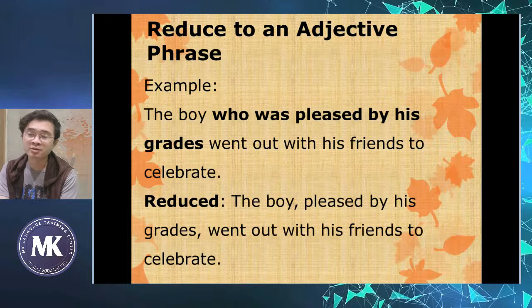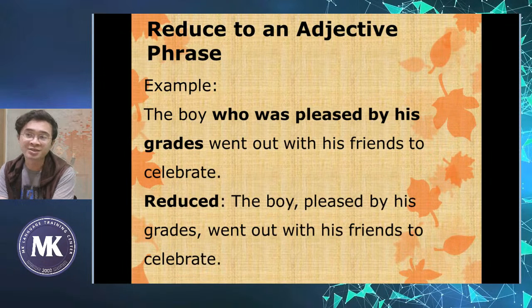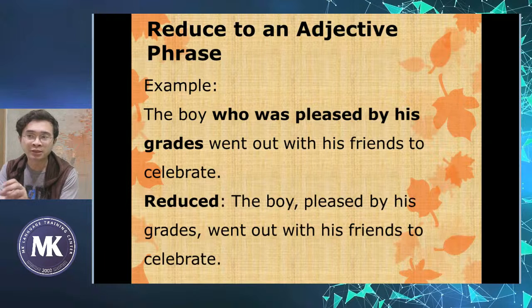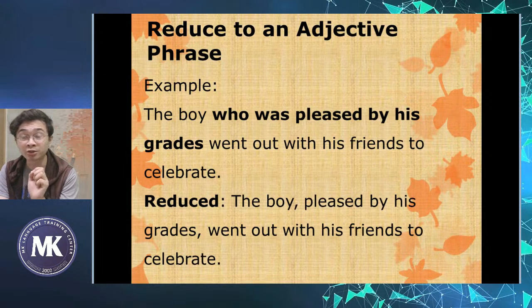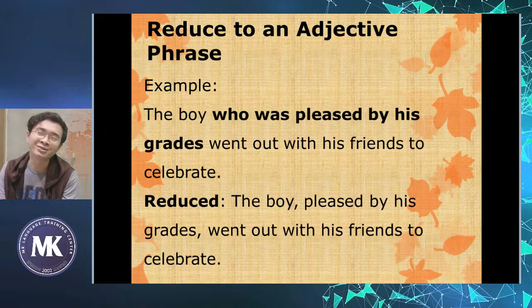So what is left is pleased by his grades. We place the remaining phrase after the noun it modifies. So the reduced form is: the boy, pleased by his grades, went out with his friends to celebrate. We put commas here to make it safe. So this one's kind of easy, right?